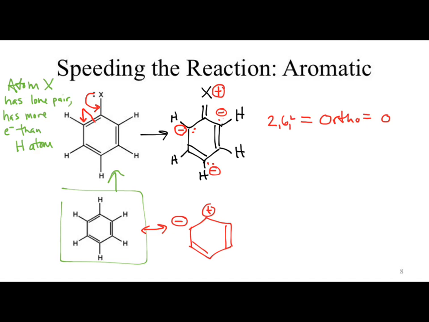The 2, 6, and 4 positions. 4 was our para position. Okay, so now we can get super creative and come up with a fancy name for this. We've now increased the speed of the reaction, or we activated the ring by putting atom X attached to our structure.